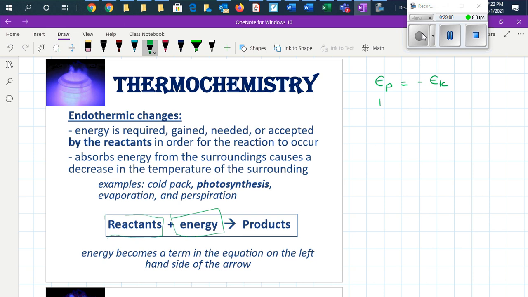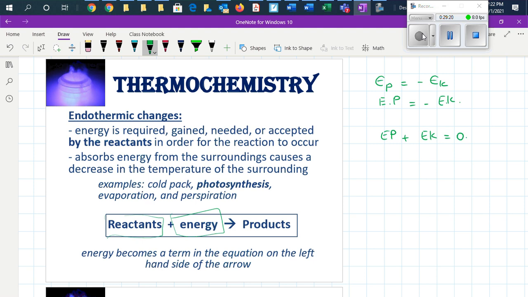Very often you can say it as EP is equal to negative EK, and then the sum of the two is equal to 0. So EP plus EK is equal to 0.